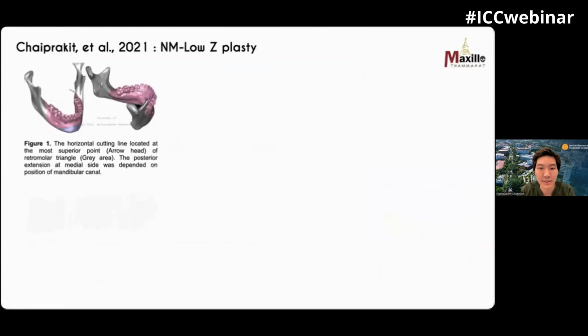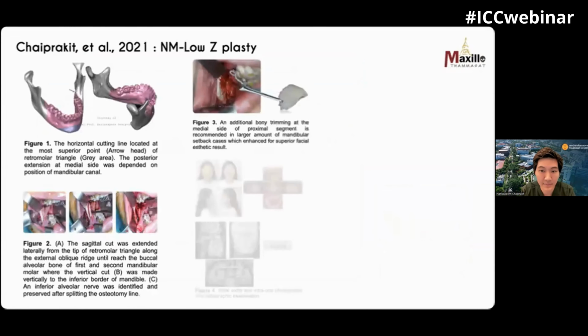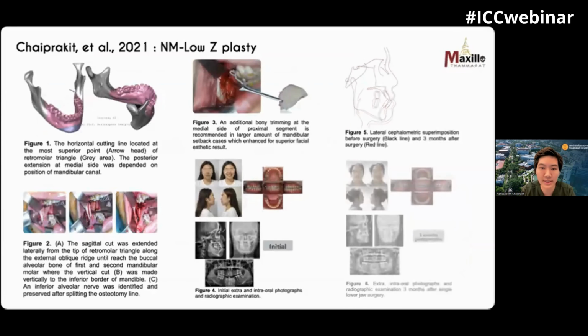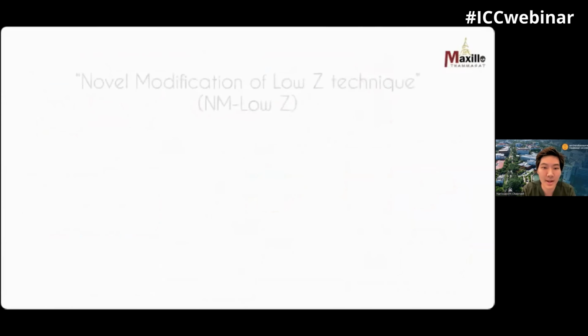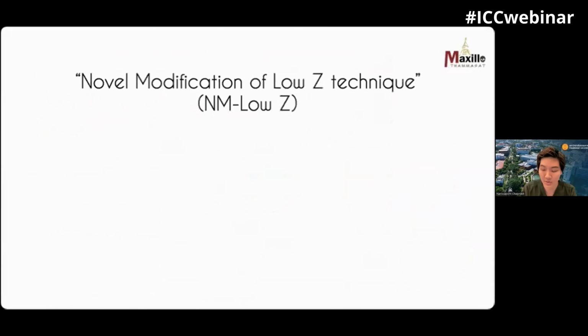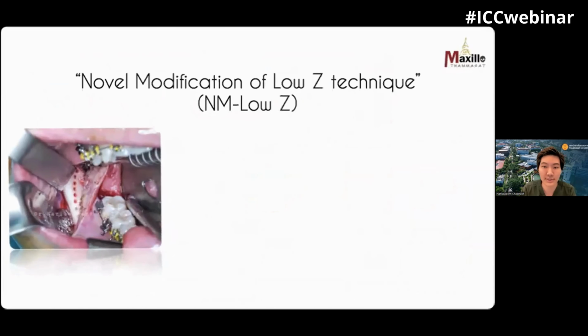The report describes the NM-LowZ osteotomy technique in a skeletal class III patient. The horizontal osteotomy was started at the lingual side of the tip of the retromolar triangle, where the external and internal oblique ridges meet together.